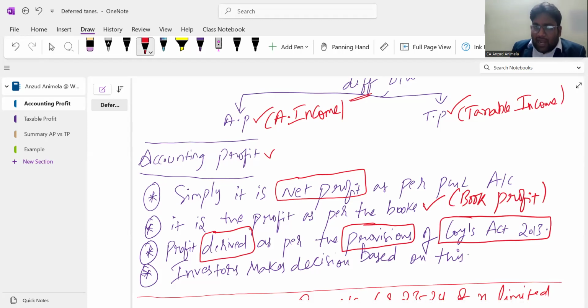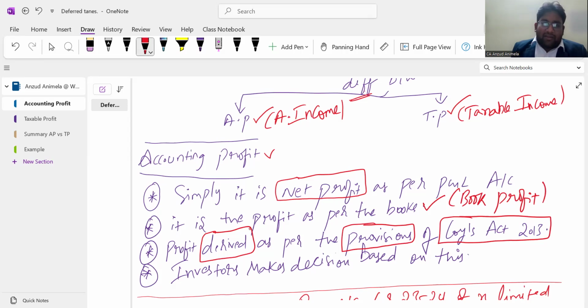That means it has to abide by the provisions specified in the Companies Act in all aspects. Even while preparing the books, it has to follow the Companies Act rules and regulations. So I can say that accounting profit has been derived from the provisions of the Companies Act 2013.